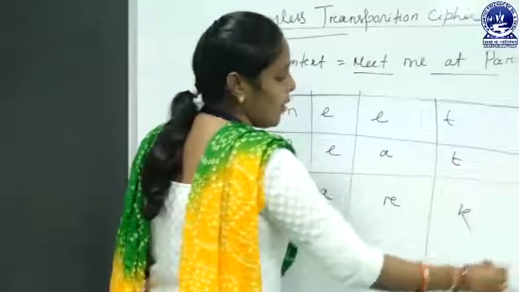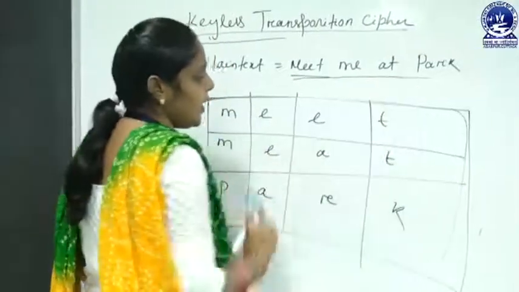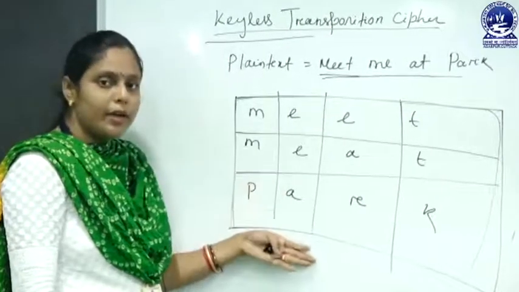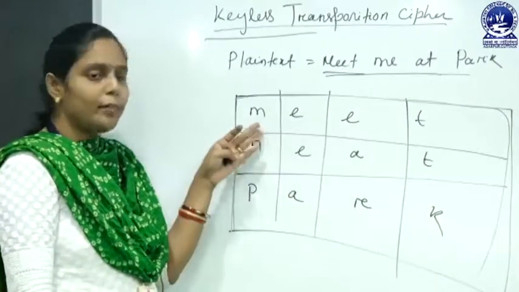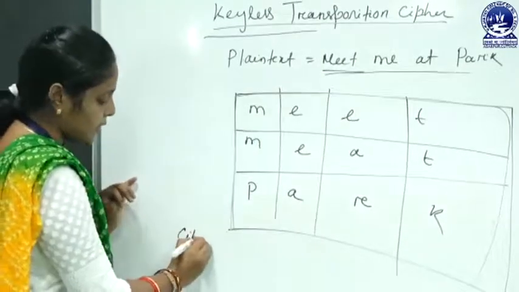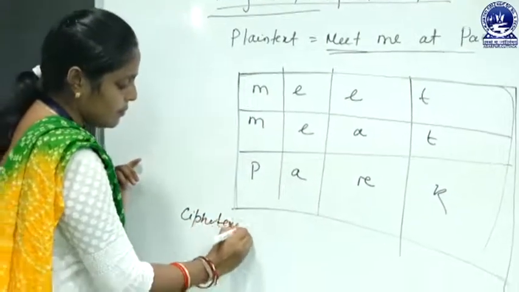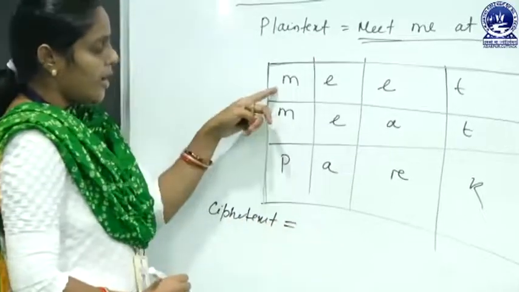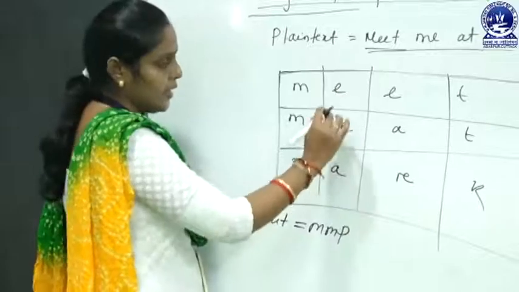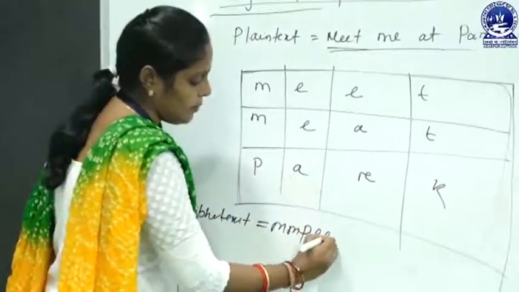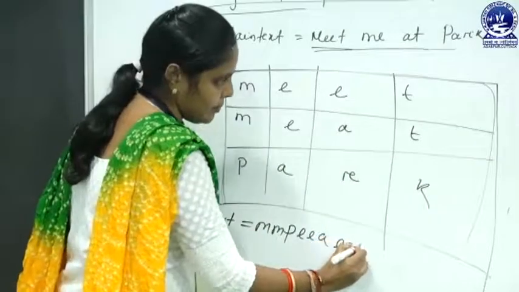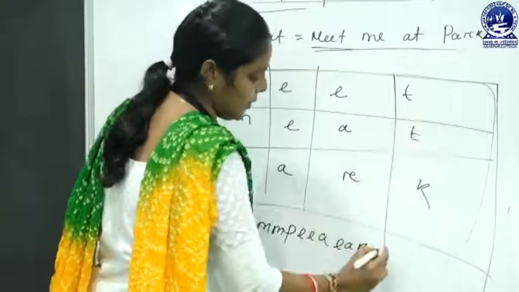In this table I am writing the plain text row by row. To create the ciphertext you have to read the plain text column by column. That means our ciphertext is MMP, then EEA, then EAR, then TTK.